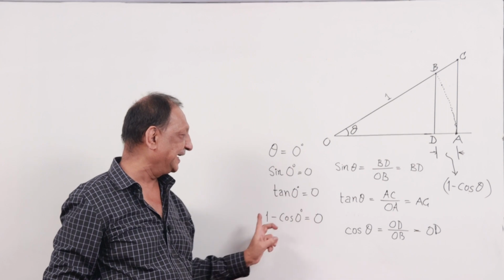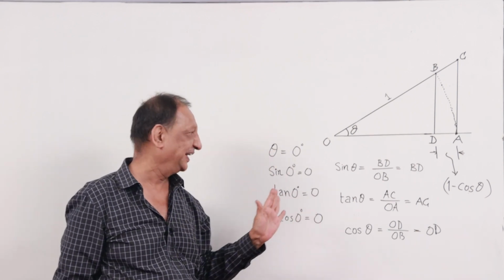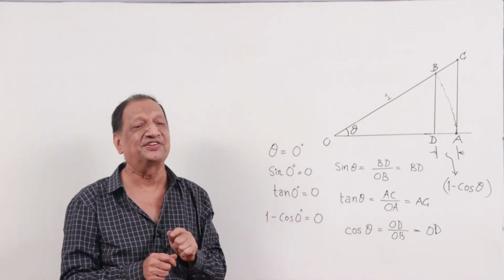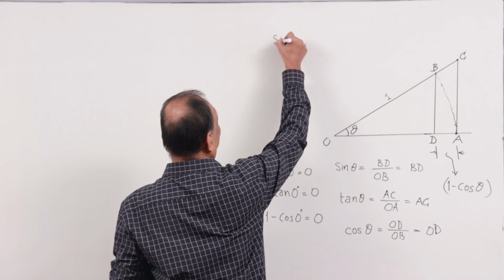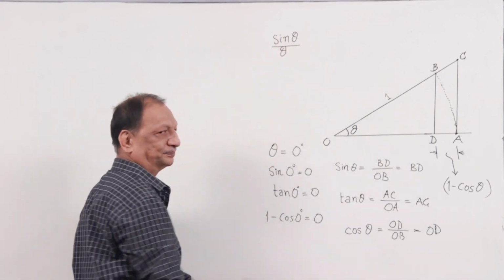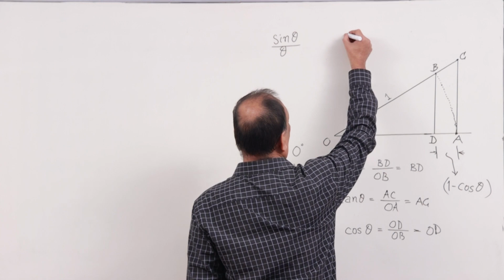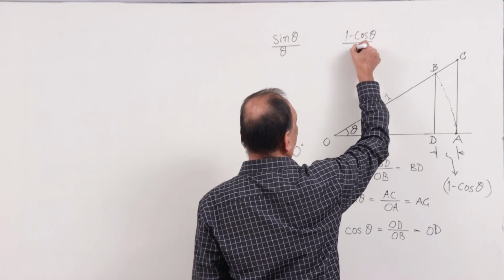Sin theta, tan theta and 1 minus cos theta are all 0 when theta is 0. Clear now? So now we want to do this indeterminate business and see what is the value of sin theta by theta. And question number 2, what is the value of 1 minus cos theta by theta?